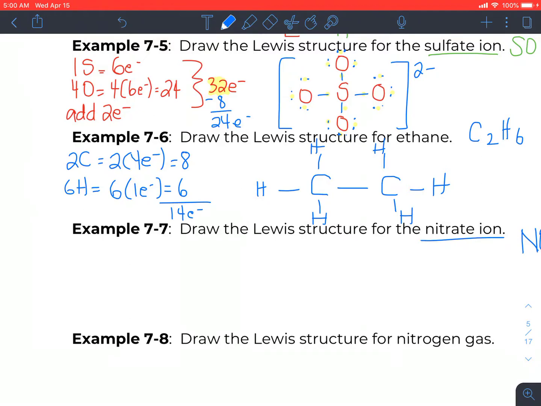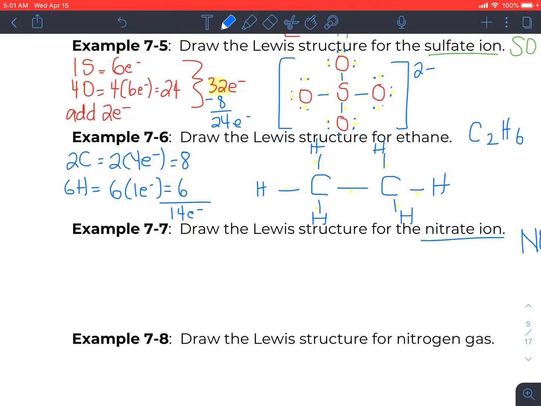Okay, and by doing that, carbon is sharing between the 2 of them. The hydrogens each are getting 2 when they share with carbon. And let's see if we've used all 14. 2, 4, 6, 8, 10, 12, 14. We are good to go.